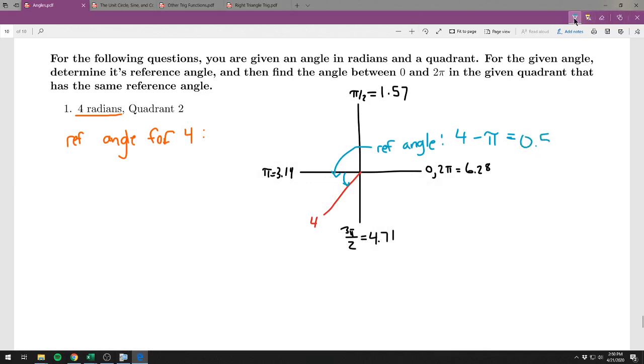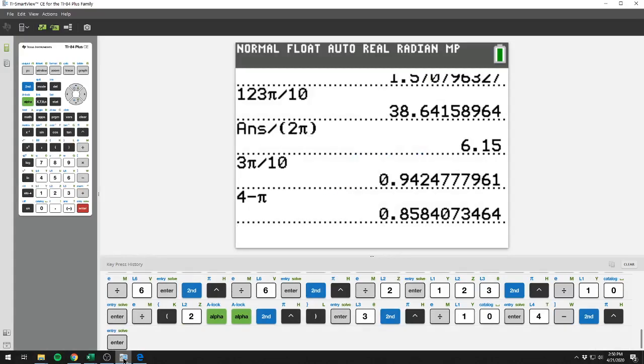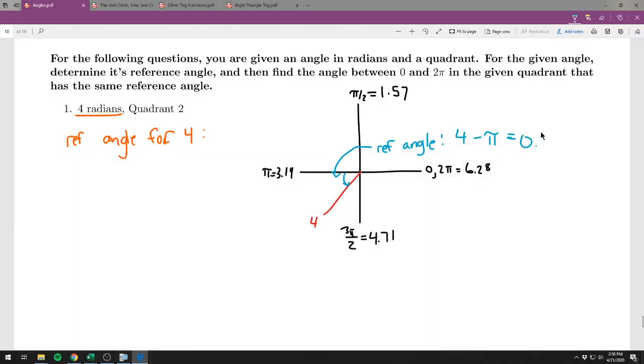0.85841. Now, in the directions you'll be told how far to round. I left this obscure because the directions just vary. If you have to round to a certain spot, go at least one spot further than you have to round.